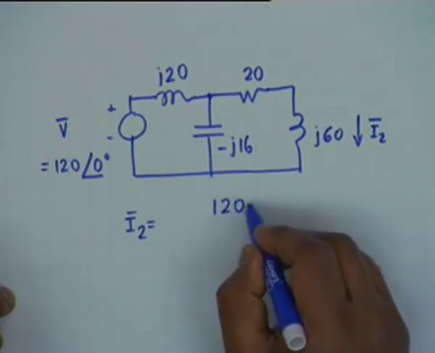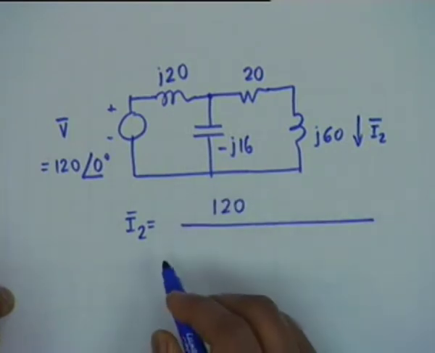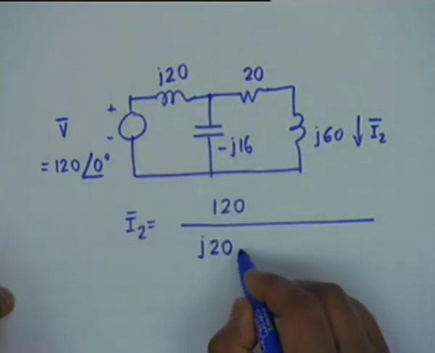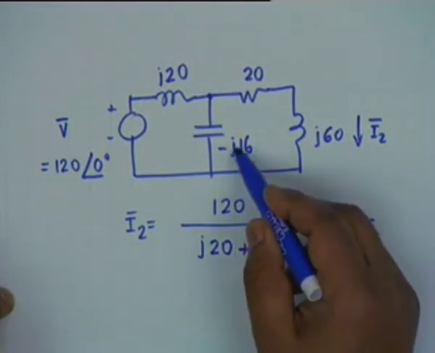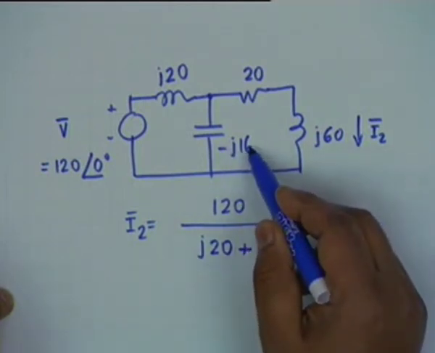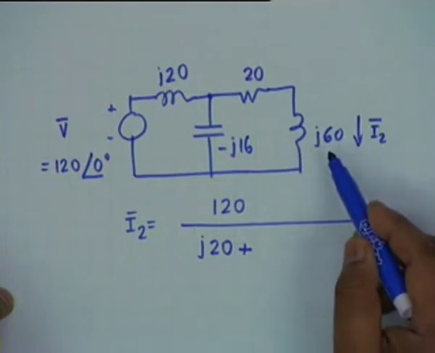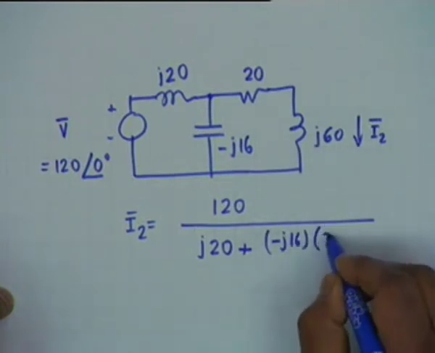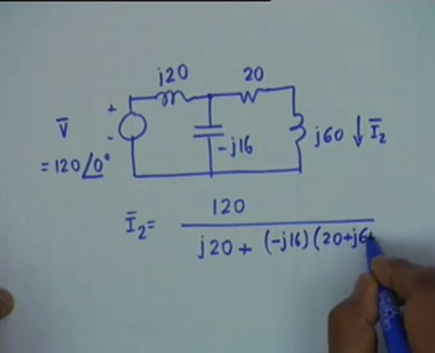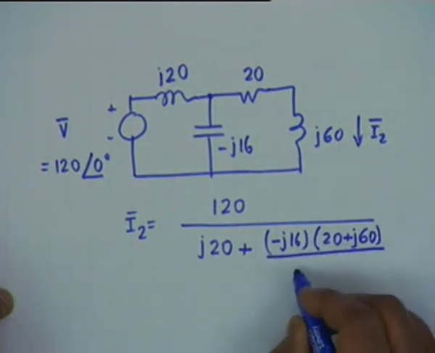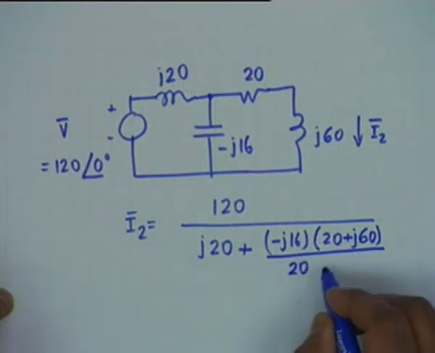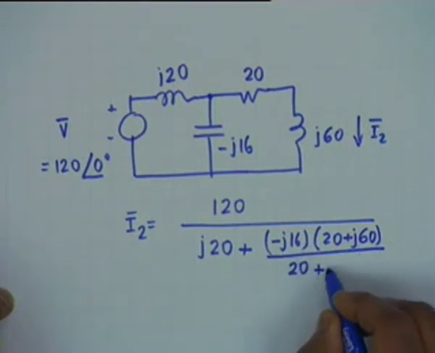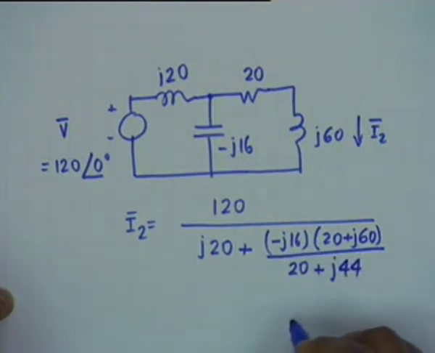It is the voltage 120 phasor divided by the total impedance looking from here, which is j20 plus the parallel combination of minus j16 and 20 plus j60, and therefore minus j16 multiplied by 20 plus j60 divided by 20 plus j60 minus j16, so 20 plus j44.